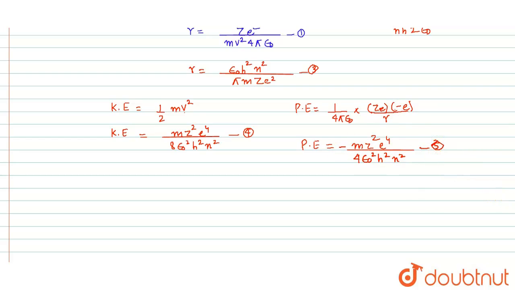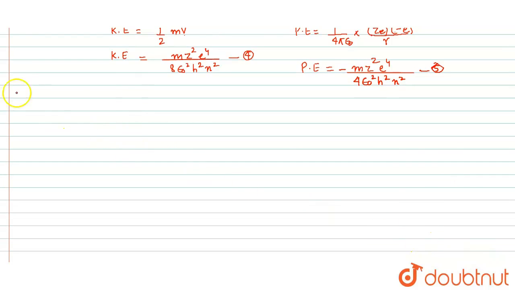Now how do you find out the total energy? Total energy is simply equal to the sum of kinetic plus potential energy, which is simply U here.